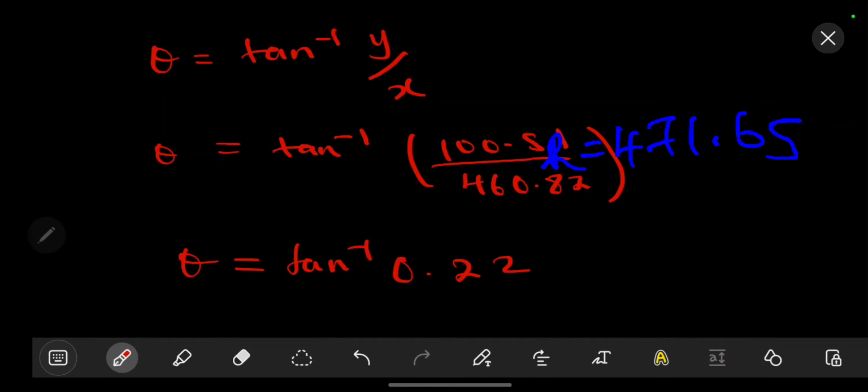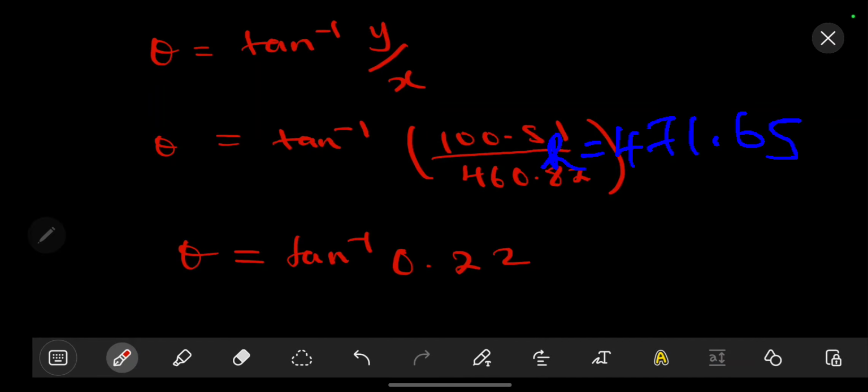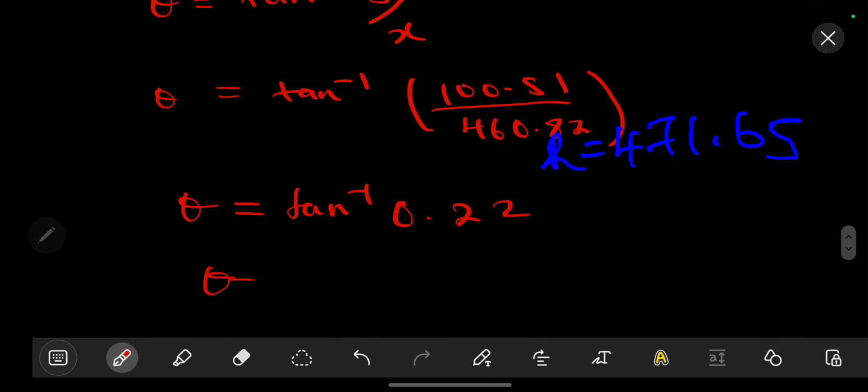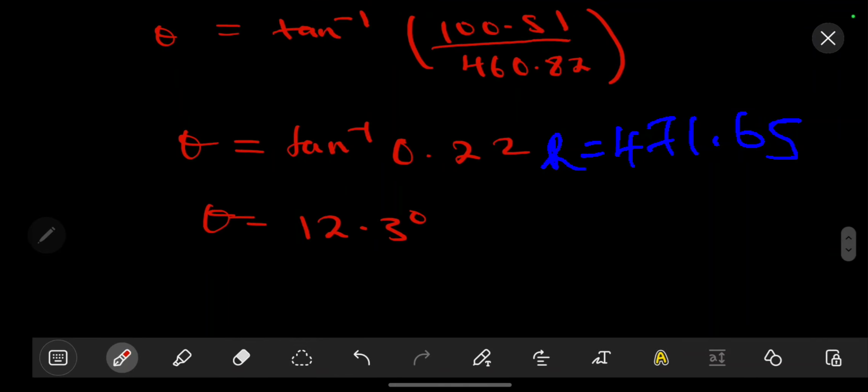So when we find the tan inverse of this value, we get theta equal to 12.3 degrees. So this is how we find values with such a problem.